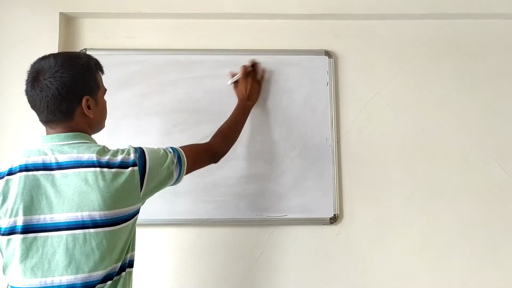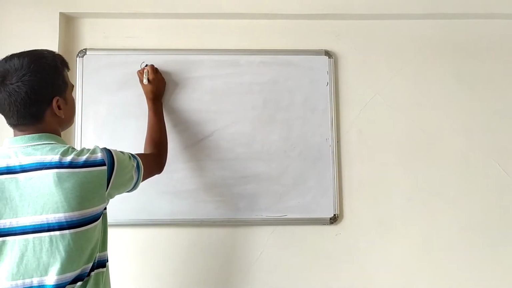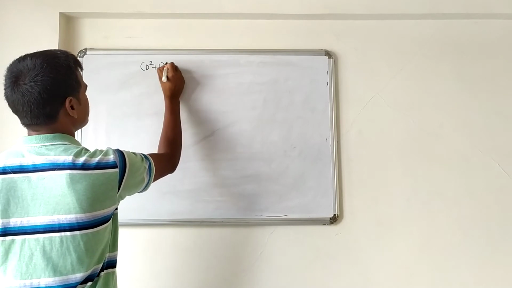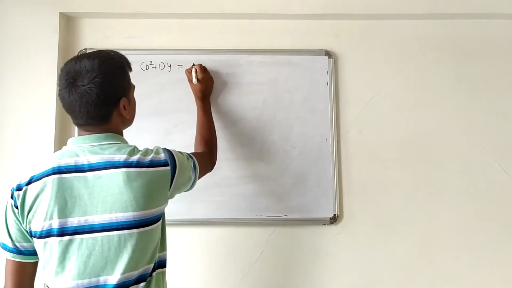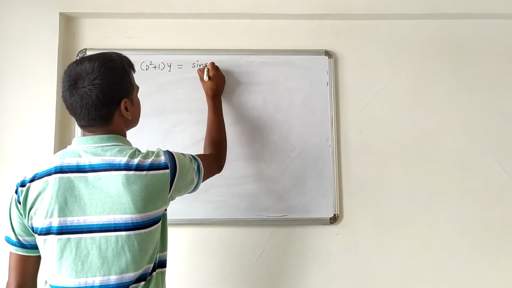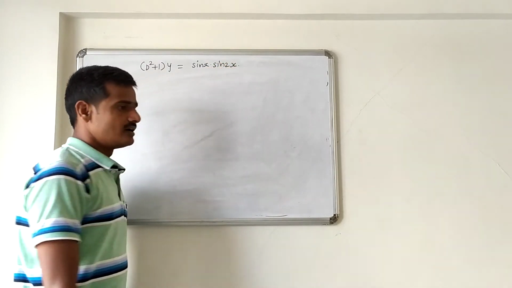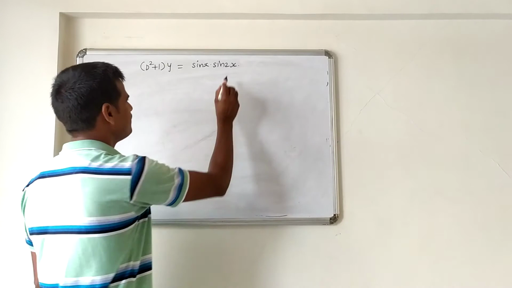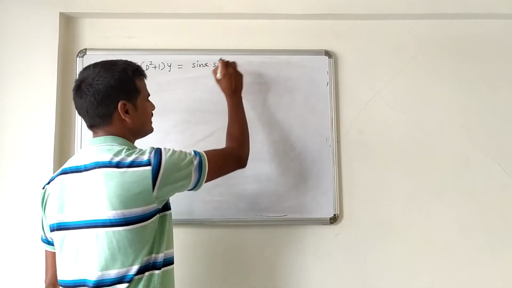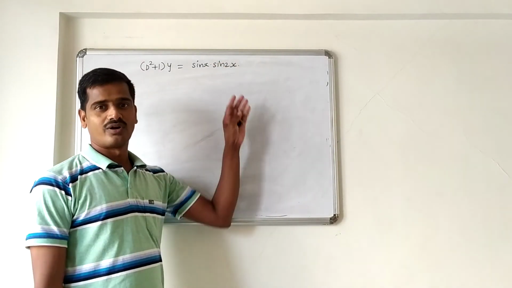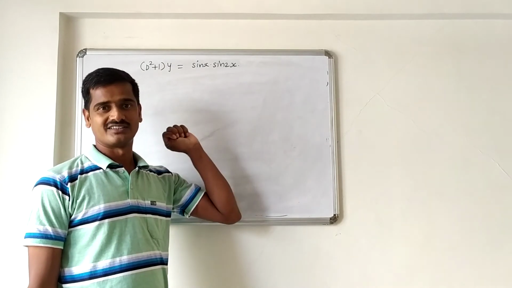Now first example, solve d square plus 1 into y is equal to sin x into sin 2x. Remember that you will not always be given the function on the right hand side in the form of sine of ax or cos of ax.